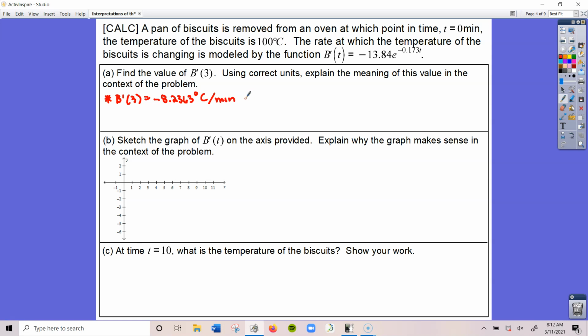Now, what does this value represent? Remember, this is a derivative, so we have to make sure that we indicate what this means in terms of the behavior of the actual function.